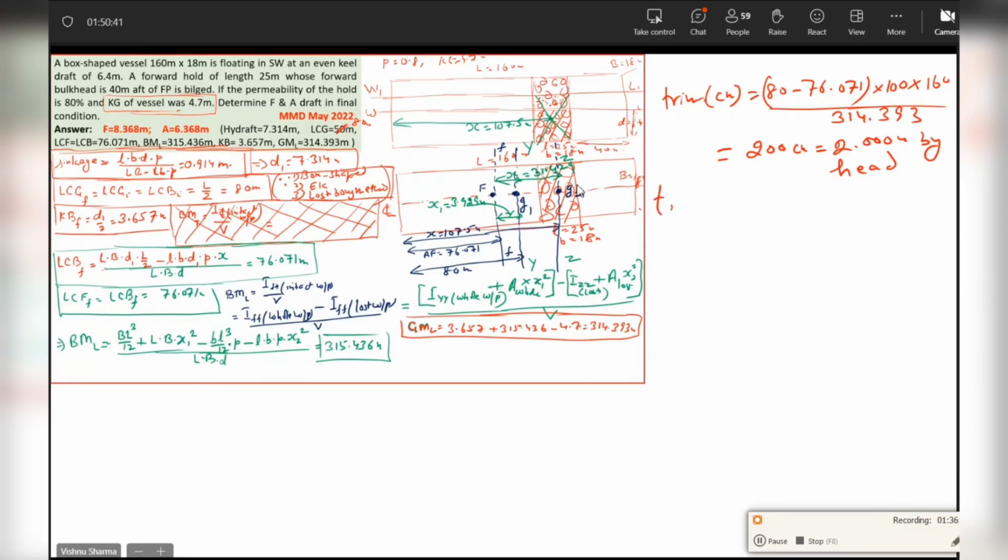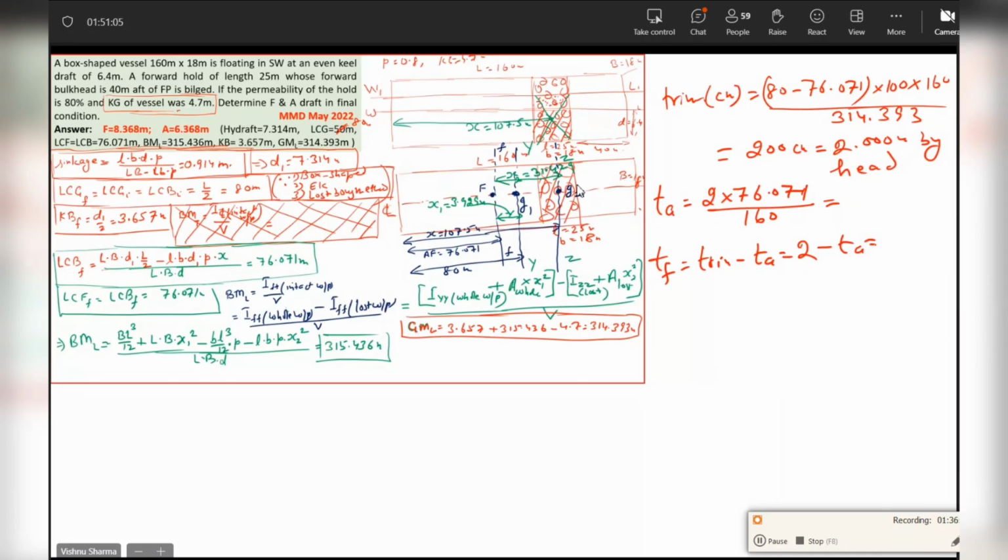So TA will be equal to trim, 2 meters, into 76.071, upon the length 160. Now I'm closing the final step, which I didn't do in the last one. This is TA. TF will be equal to trim minus TA. That means 2 minus TA. You get this answer.